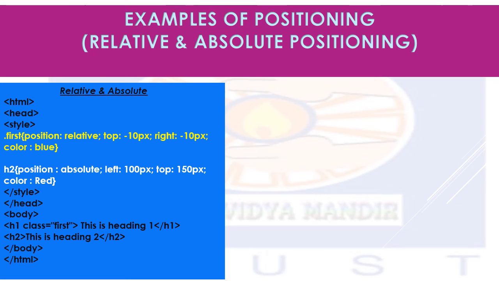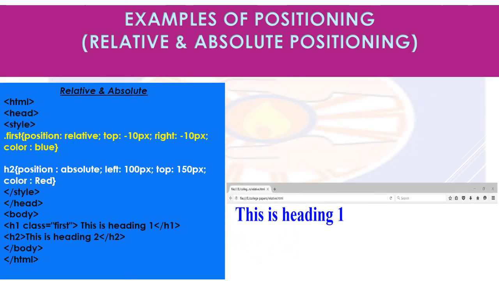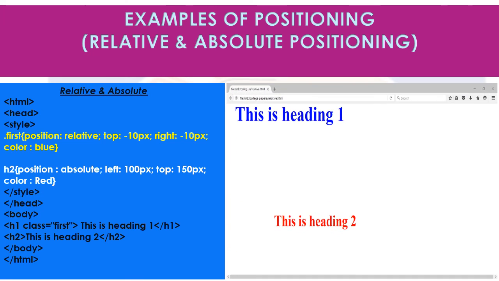Now when you see the output on the right hand side, the blue color, this is heading 1. It shows that here we have used the relative positioning. In relative positioning we are using the top and the right properties.